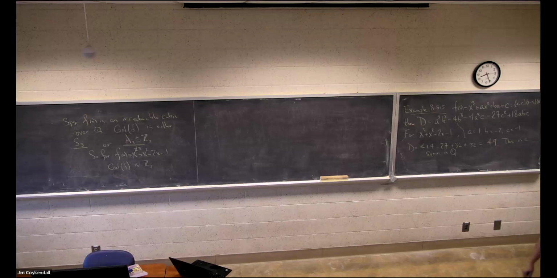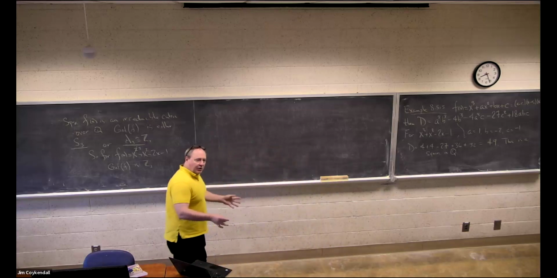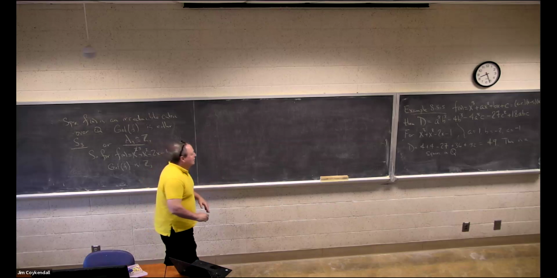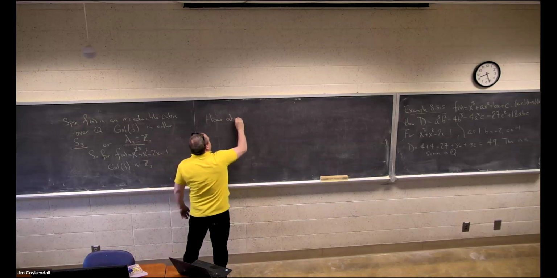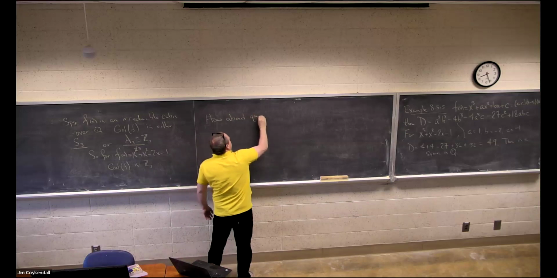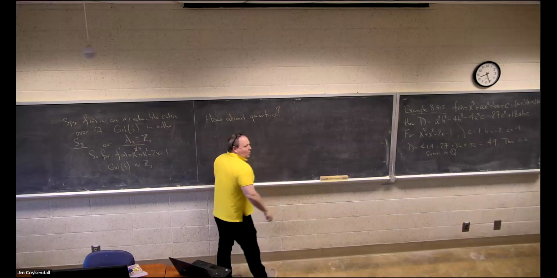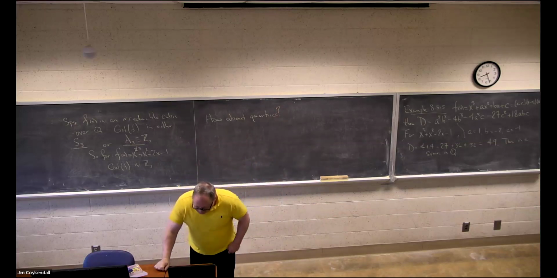I'm going to up the voltage a little bit and show you how to deal with quartics. So if your goal in life is to find the Galois group of cubics, we can do that. How about quartics? Let's take a look at that.